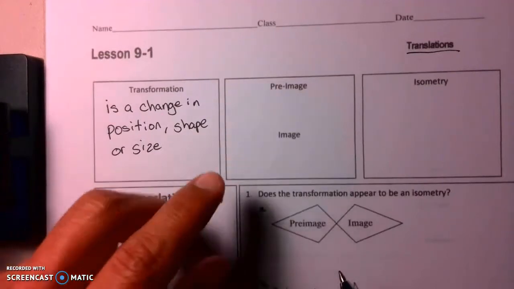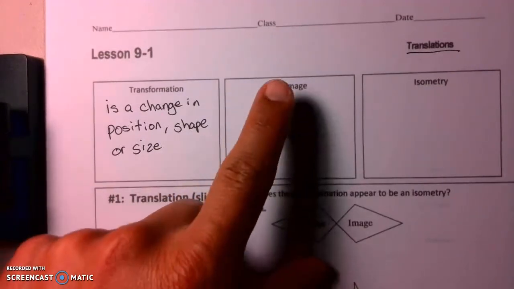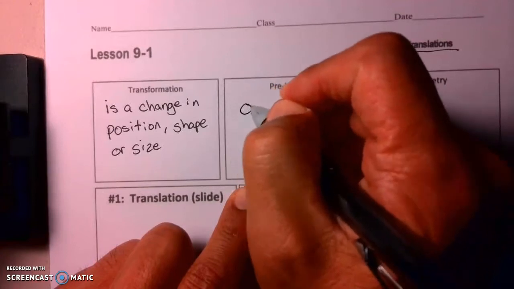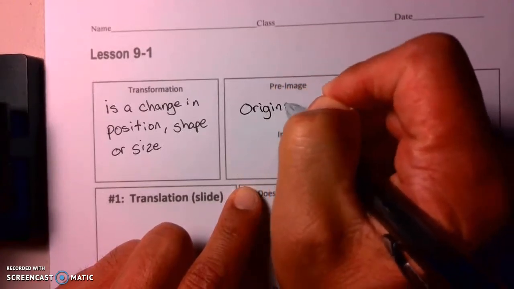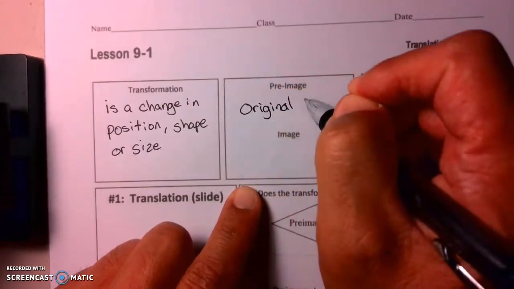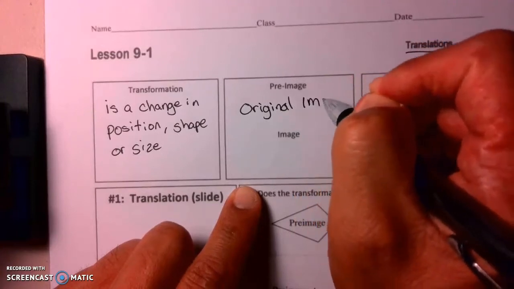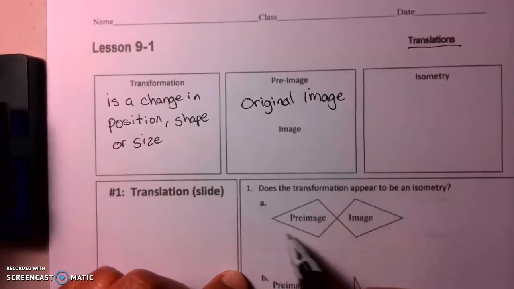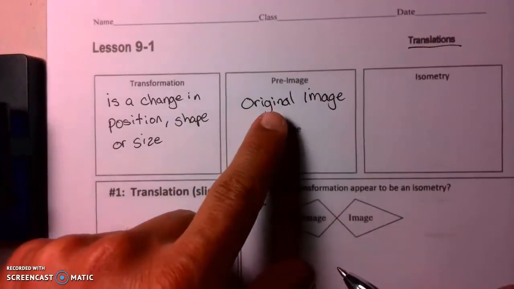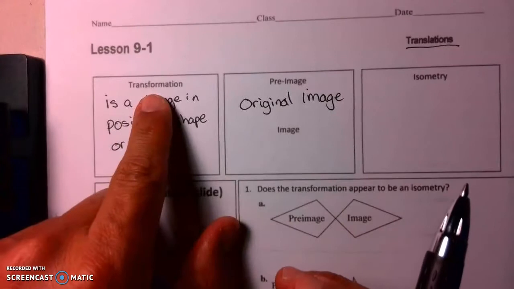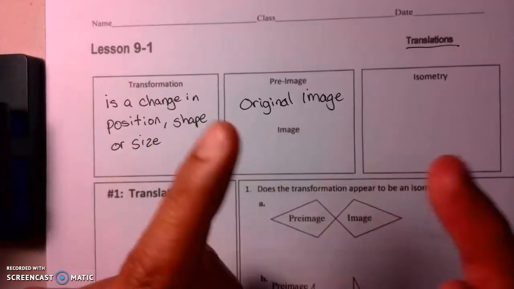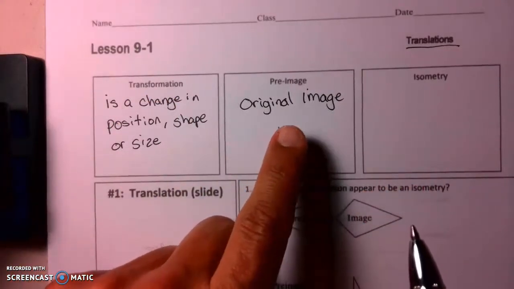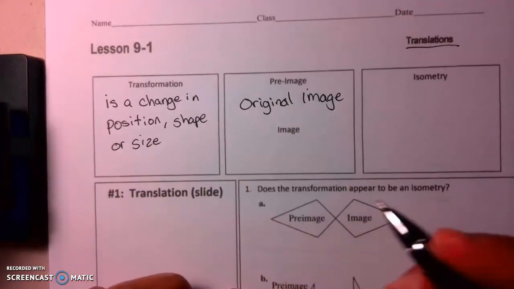There's going to be a pre-image and an image. The pre-image is kind of like the original image. Pre means before, and so you're going to have a starting point or a starting image. It could be a triangle, it could be a 4-sided figure, and then you are going to be asked to do a transformation on it. It could move, it could flip, it could shrink, it can grow, and the new image is just going to be called an image.